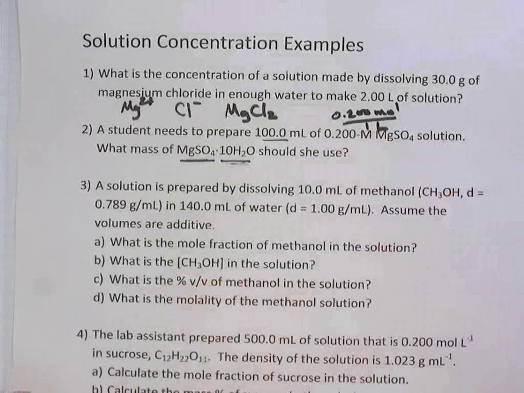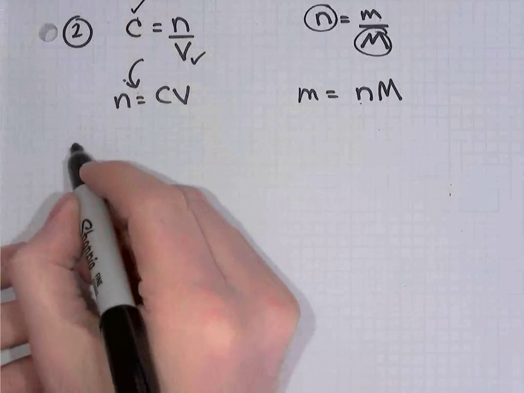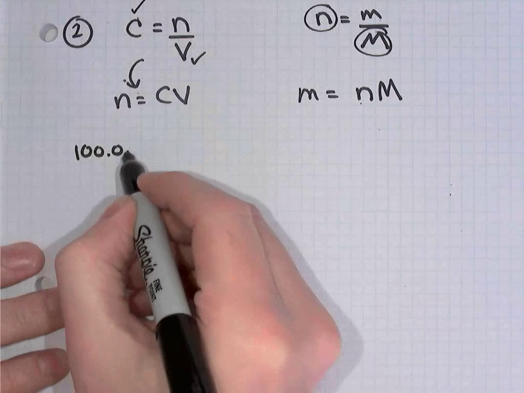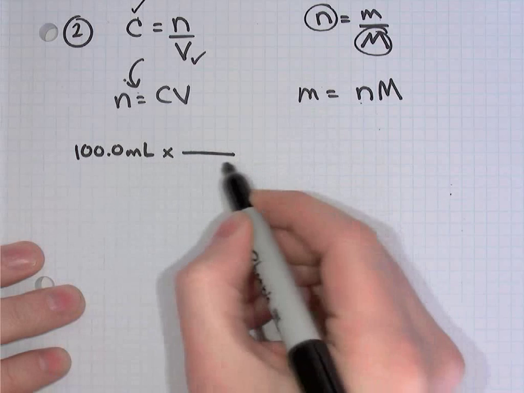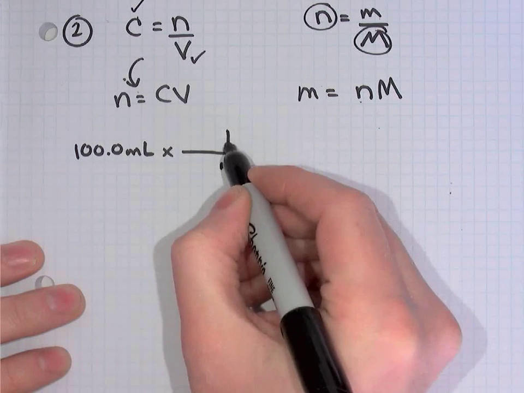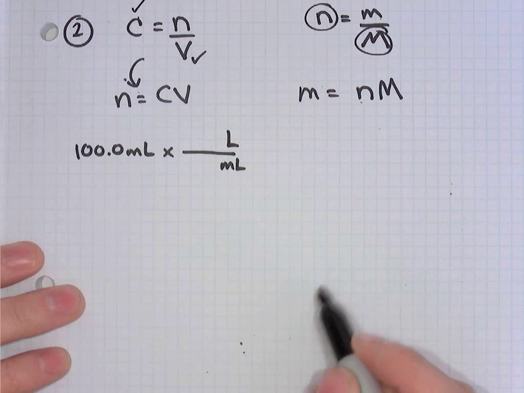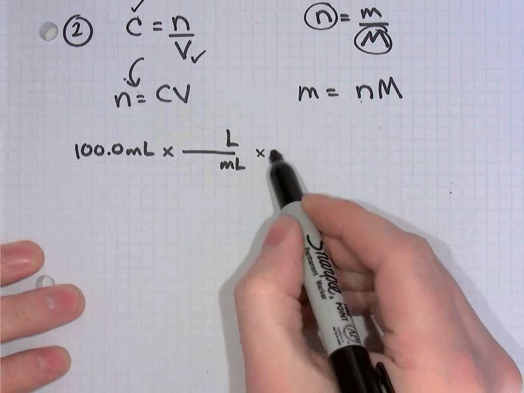Instead, I'm going to start my answer with the volume, 100 milliliters. So with unit multipliers, 100.0 milliliters of solution. And the first thing I'll do is get rid of the milliliters and switch to liters of solution. Now I'm going to use my concentration.